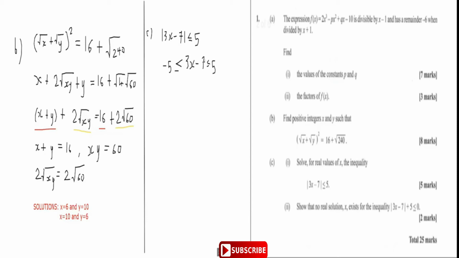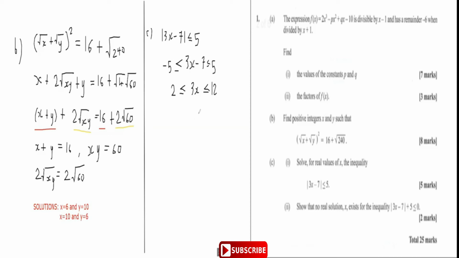We can then add 7 to both sides to get that 3x is less than or equal to 12, and greater than or equal to 7 minus 5, which is 2.